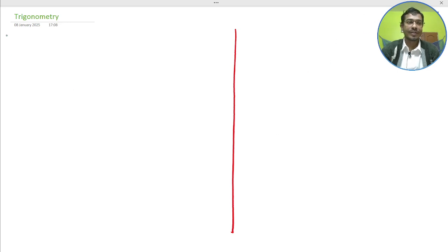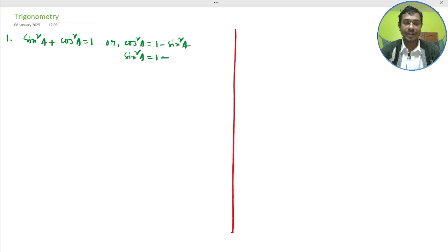First of all, in trigonometry, the basic formula is sin square a plus cos square a is equal to 1, or cos square a is equal to 1 minus sin square a, and sin square a is equal to 1 minus cos square a.